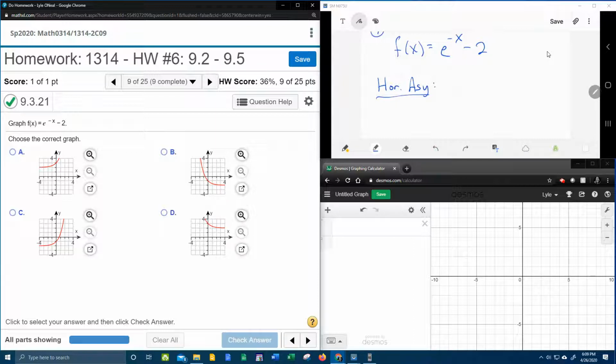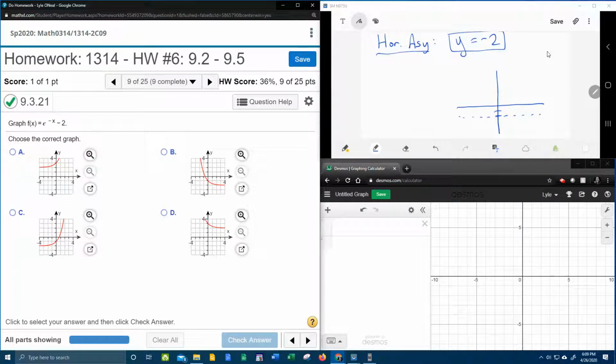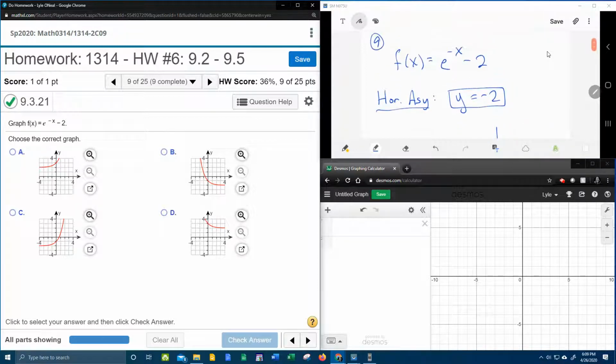So our horizontal asymptote is going to be y equals -2. And if we go down here to the graph, at -2, we know that we're going to have a line that the graph is never going to cross. It's going to approach this line but never touch or cross it. So there's our horizontal asymptote.